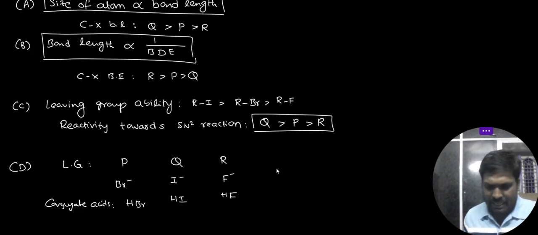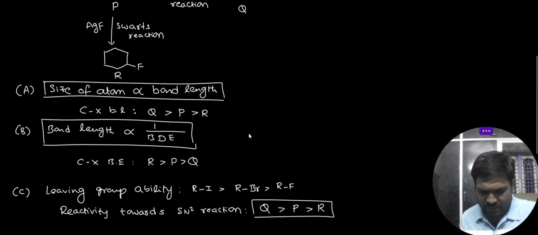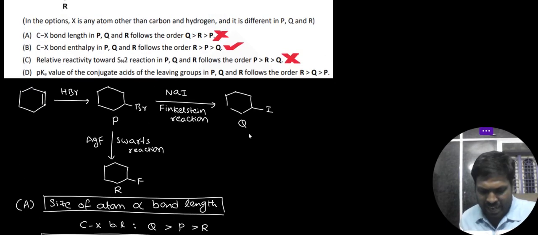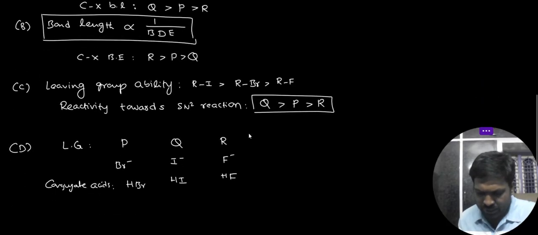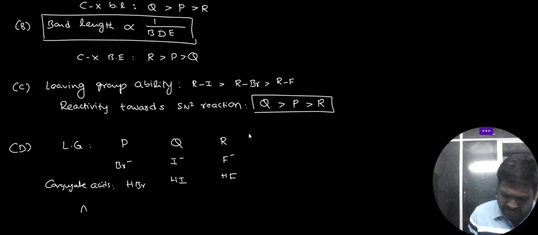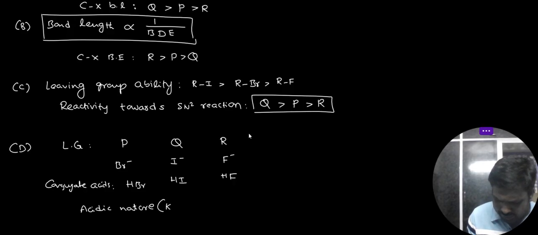Then their pKa order. The statement gives R greater than Q greater than P. Acidic nature is directly proportional to Ka, the acid dissociation constant.